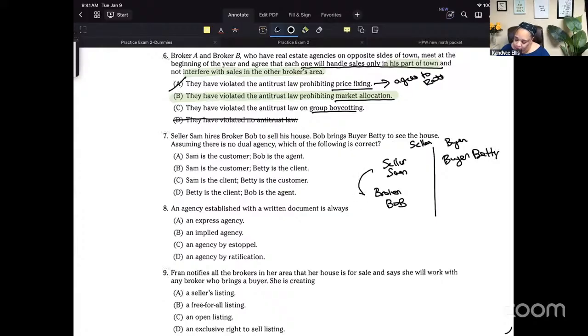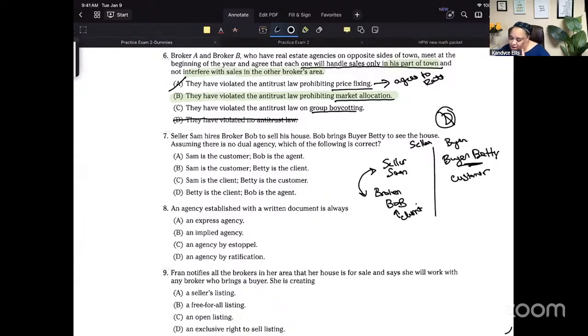If broker Bob wanted to represent Betty, that would have to be dual agency, and they said no to dual agency. So that means that this has got to be the client, and if you're going to work with them, in this instance, this would be the customer.